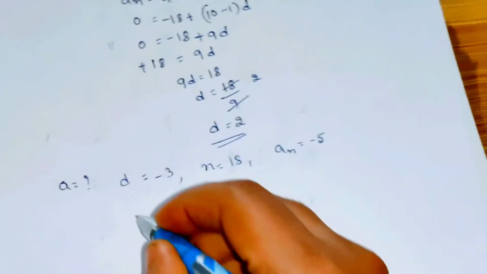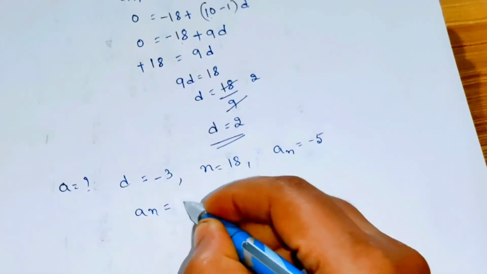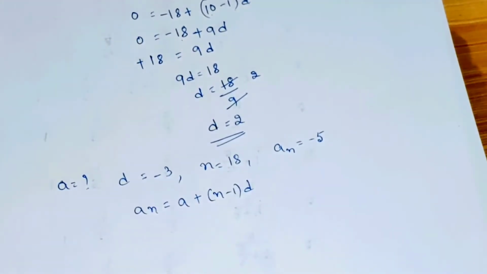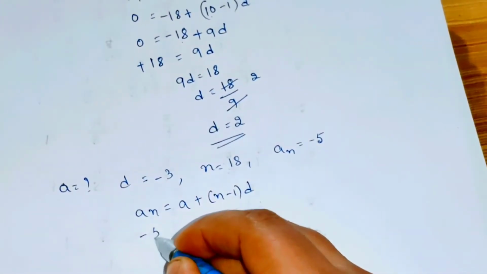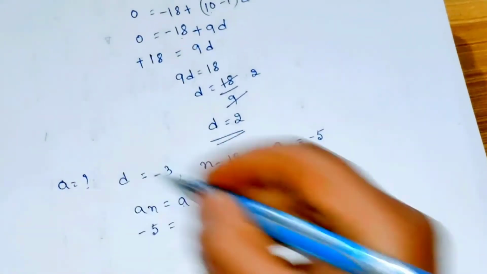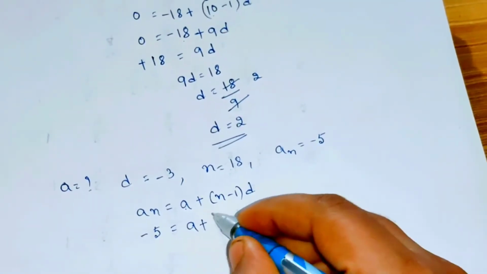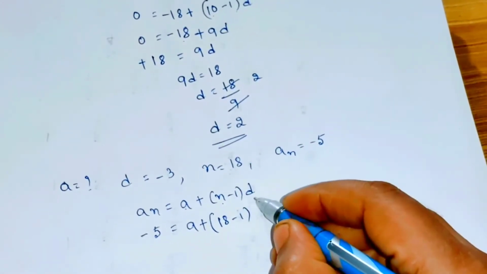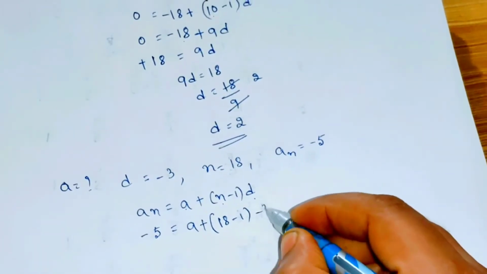Use the same formula, that is an is equal to a plus n minus 1 into d. Here an is minus 5, a we don't know, n is 18 minus 1, and instead of d I'll write minus 3.